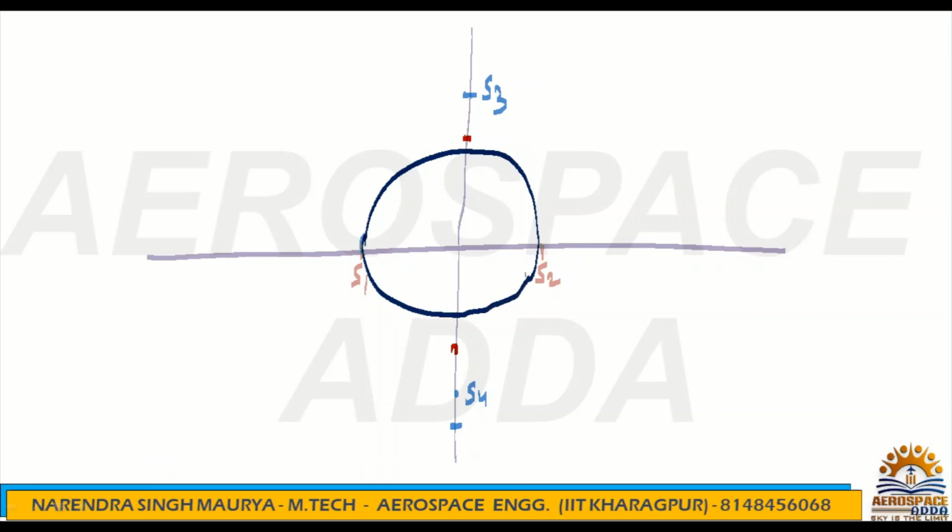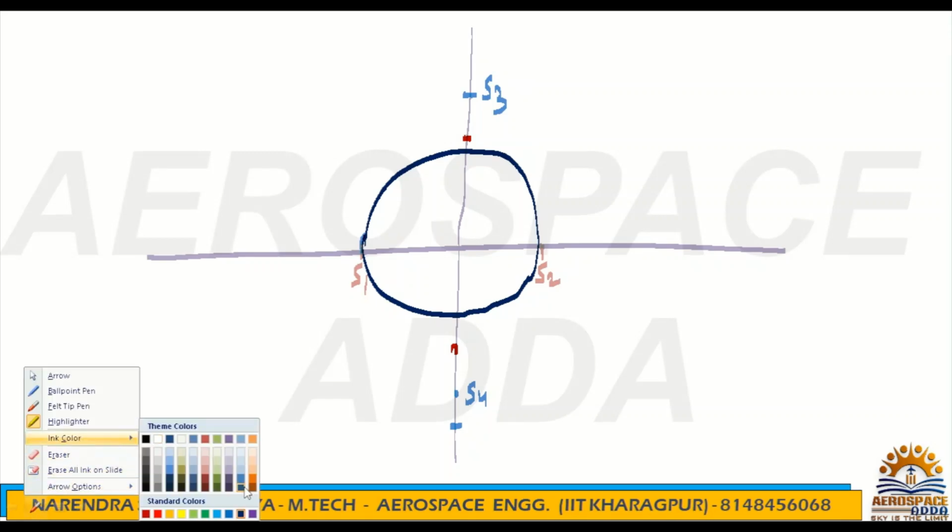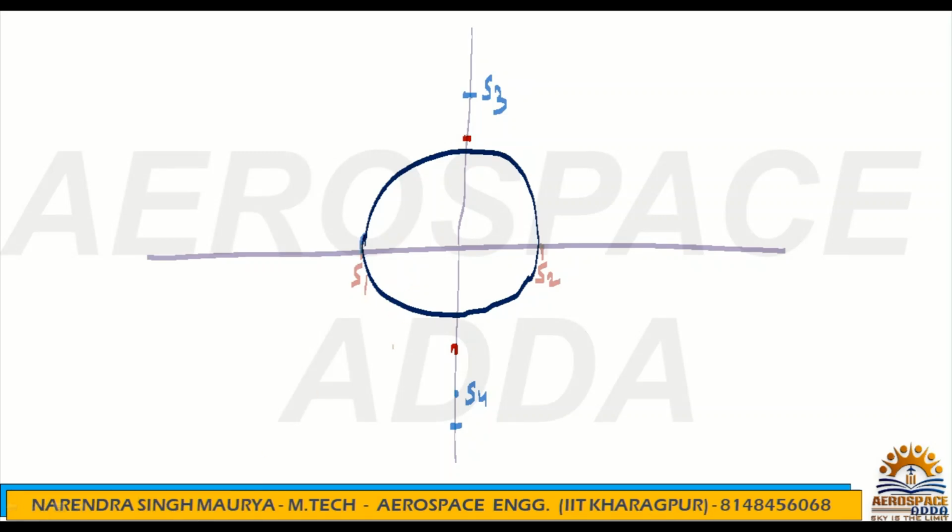Right? And the downside circle will be something like this. For the upper side circle, this is C1. Downside, this is C2. And what about the source and sink, which are S3 and S4?